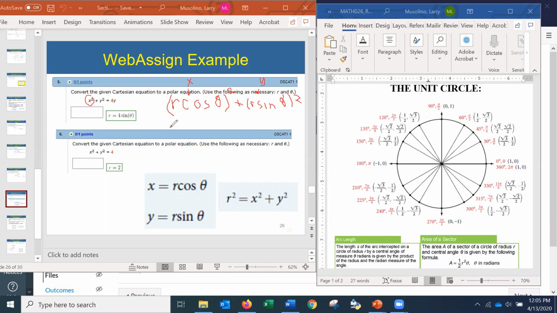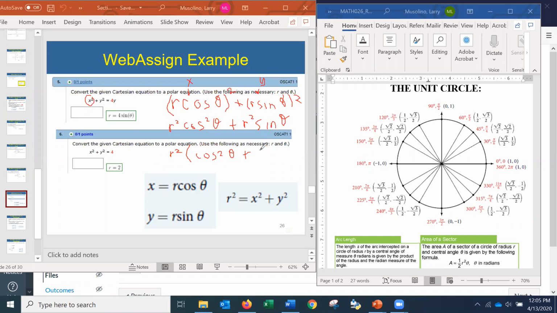Well, if you did that, this is going to be r squared cosine squared plus r squared sine squared. I'm just working with the left side of the equation right now. But I could factor out an r squared here. And that would leave me with cosine squared plus sine squared inside the parentheses.